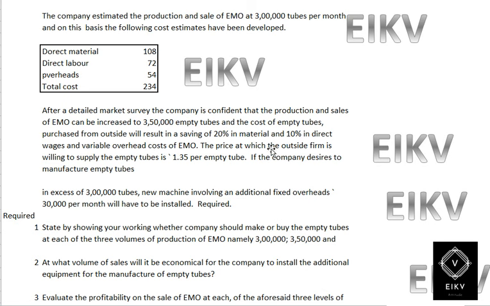The price at which the outside firm is willing to supply the empty tube is 1.35 per empty tube. If the company desires to manufacture empty tubes in excess of 3 lakh tubes, a new machine involving an additional fixed overhead of 30,000 per month will have to be installed.